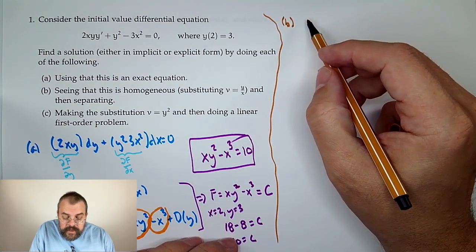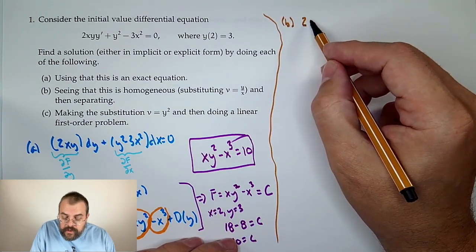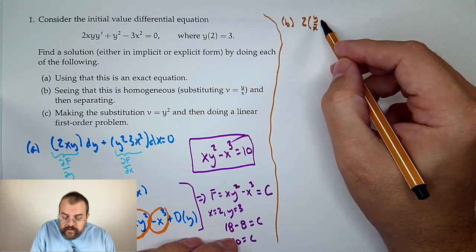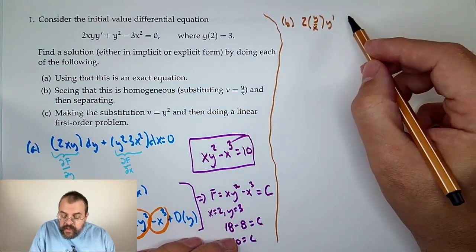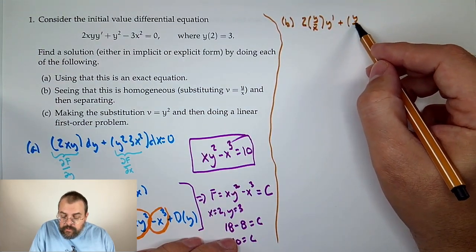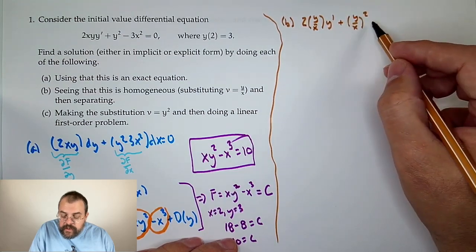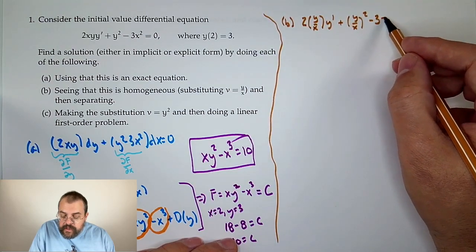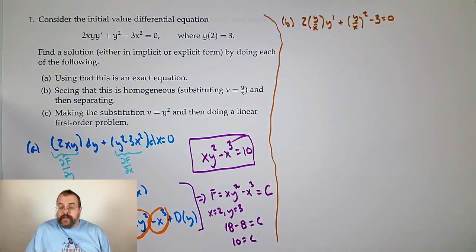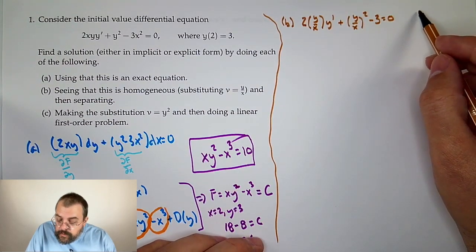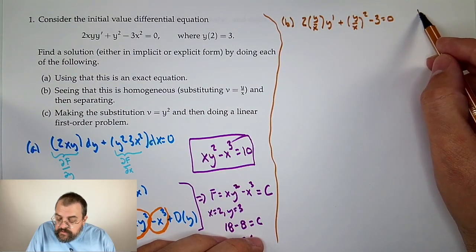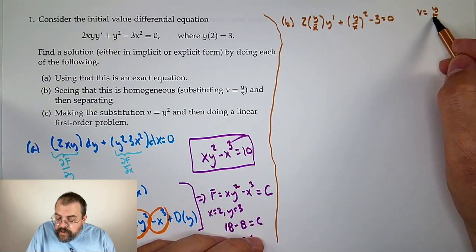So, divide everything by x squared, we get 2 y over x, y prime, plus (y over x) squared minus 3 equals 0. And our substitution is v equals y over x.